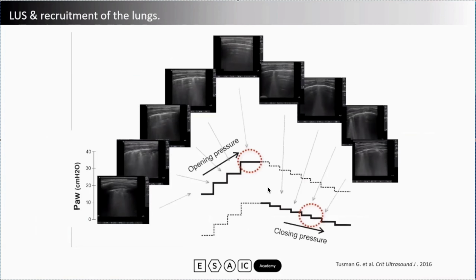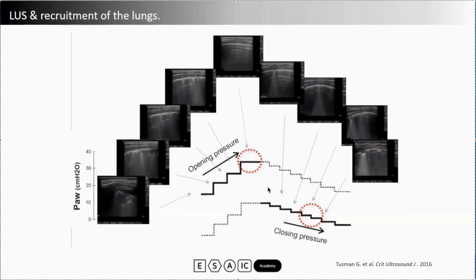It's better to see in this video where you can see the lung collapse, consolidations, B-lines, etc. During your lung recruitment, you will see this all disappears.